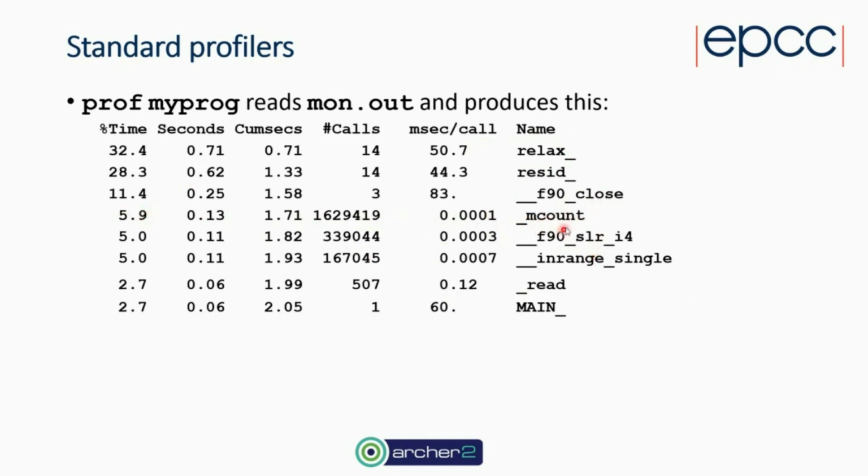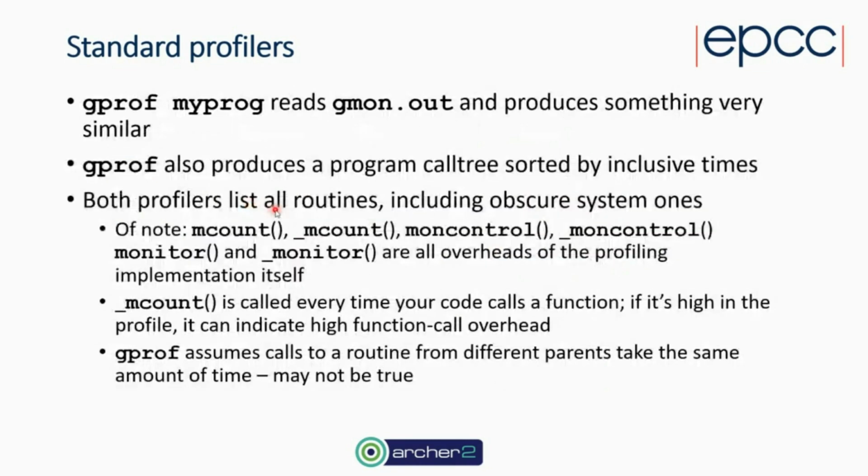If you see things like mcount appear a lot, much more than 5%, it's a likely sign that you've got a lot of overhead in your function calls, too many small function calls. And then I've got Fortran library calls for I/O as well. About 10% of the time is spent in file I/O, maybe more than that, so I could look at optimizing my file I/O.